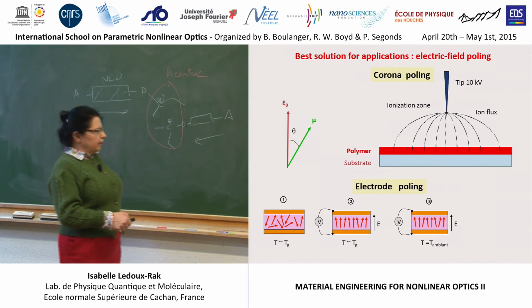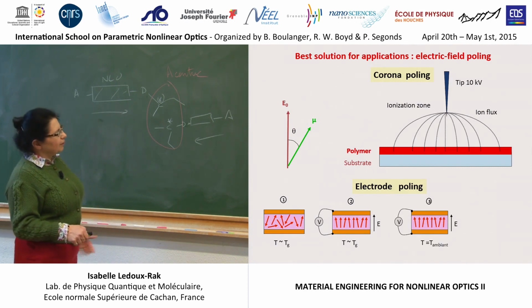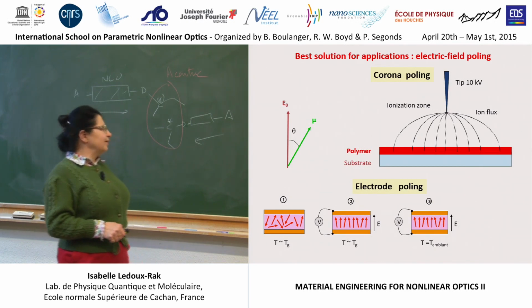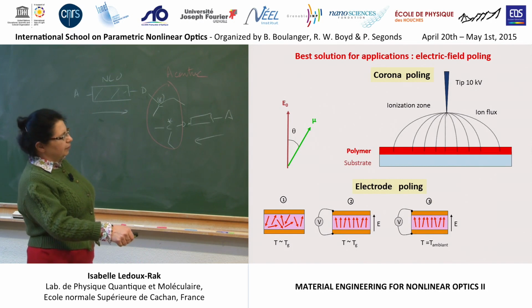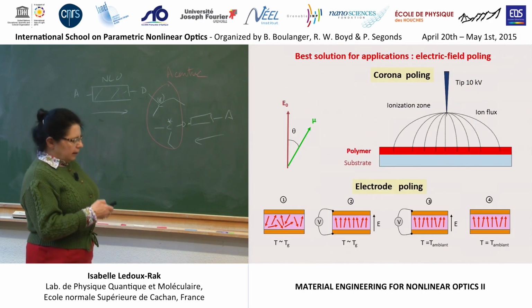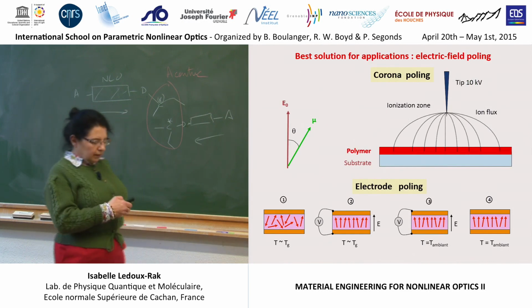So then, after waiting some time, a few minutes or maybe 1 hour, we consider that we have organized and poled the maximum of molecules, and we cool down while keeping the field on, and we can remove the field at the end of the process at room temperature.